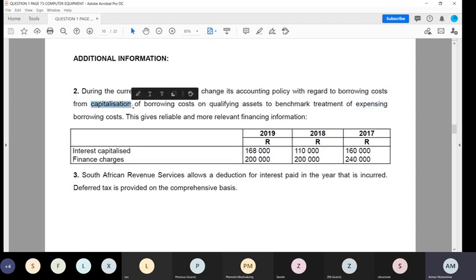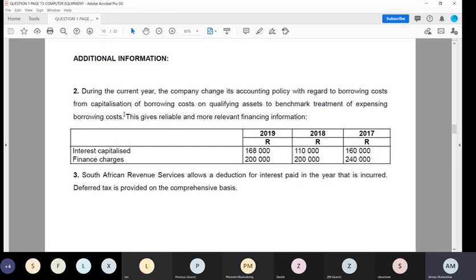I've explained what capitalization means: they were increasing their asset base by the interest amount. Now they want to expense it. In other words, they are decreasing their assets, which is the statement of financial position, and they are increasing their expense. You'll see soon when you go to the calculations.